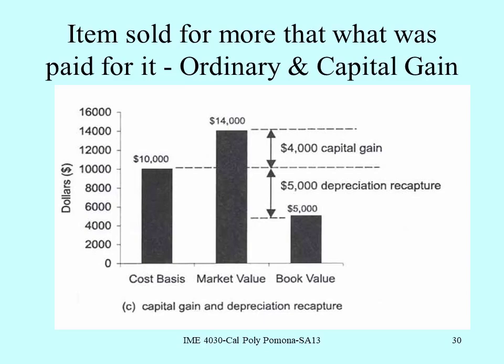Well, the amount above your initial cost is treated as a capital gain, and the amount above your book value up to your original cost is treated as depreciation recapture. And those may or may not have the same tax rate, but then you'd have to pay taxes on both of those. Well, anyway, that's a brief look at depreciation.